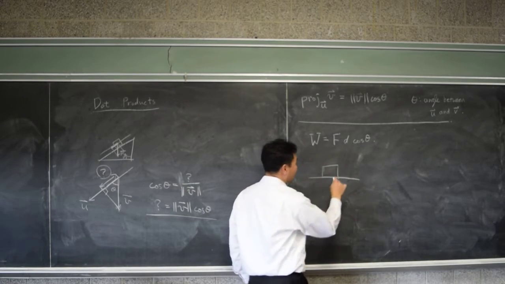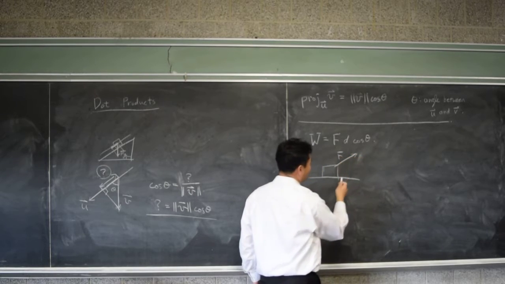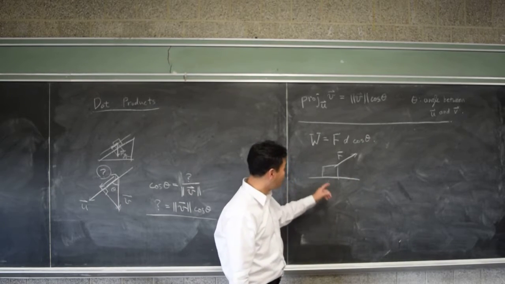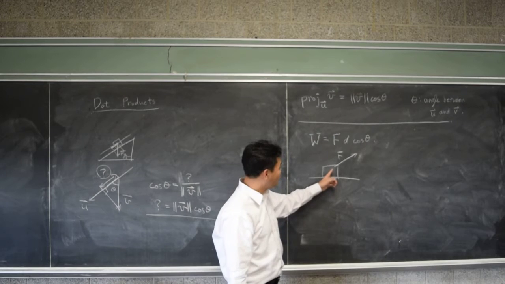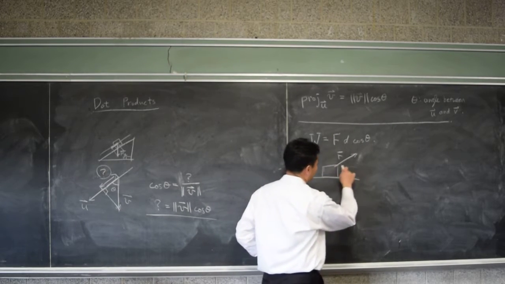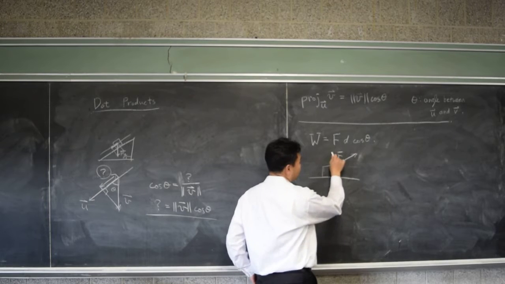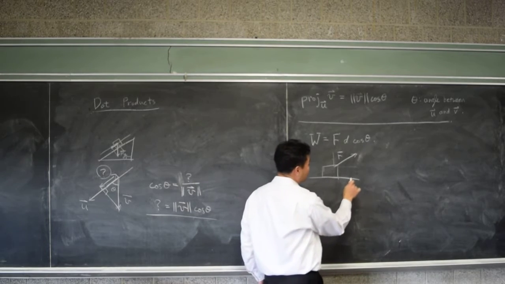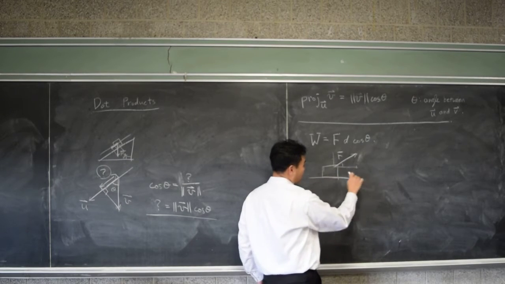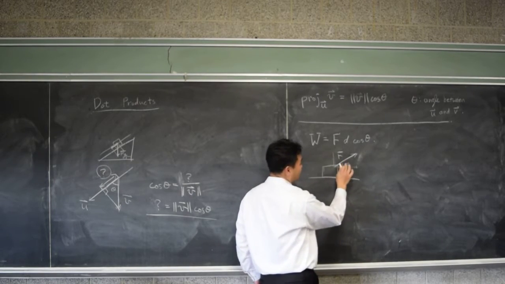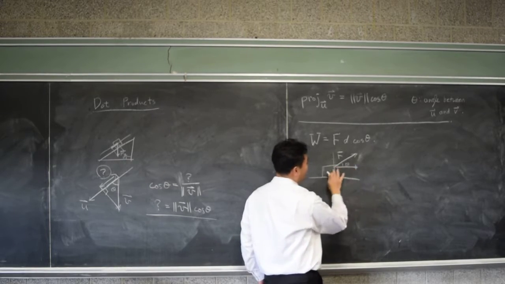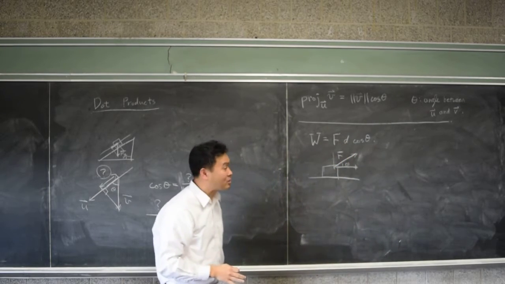If you have this block, and your force is not along the horizontal plane, then if you divide this into components, this component only is lifting this, but it's not really doing the work. The one that's really doing the work is the one that's projected onto this horizontal line. So you have to do F times cosine theta, and then once you get this projection, you multiply that by the distance. That's what this formula is saying.